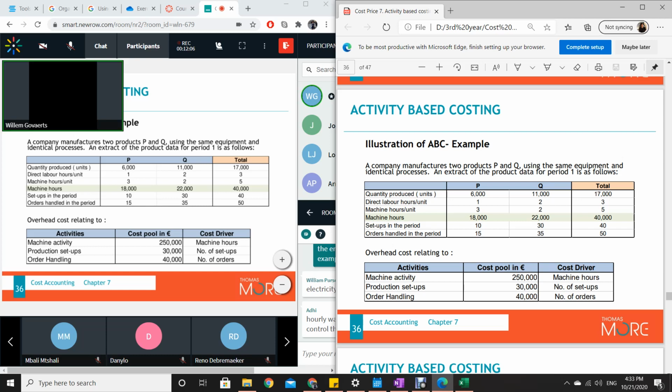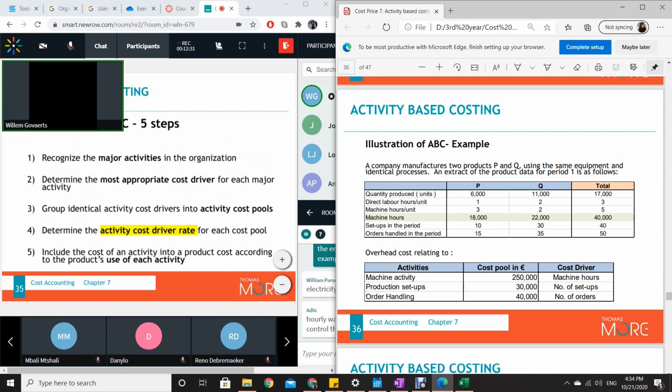Okay. So for the production setups, the cost driver, you have this information also, is the number of setups, and the order handling is the number of orders. What you have also in the given for product P, and you have it also for product Q. This is the given. Do you have any questions?